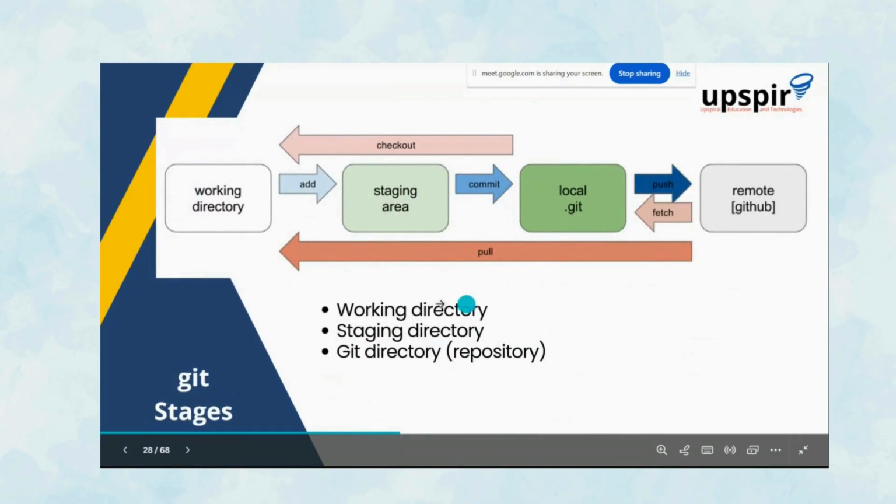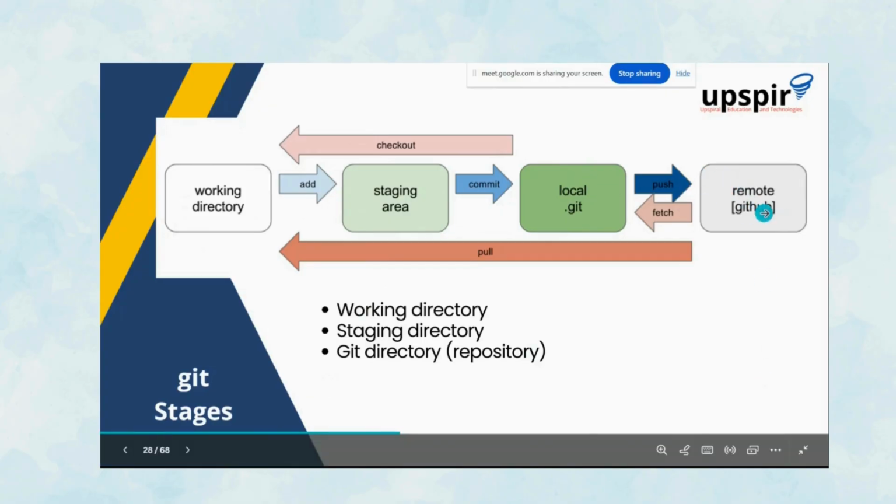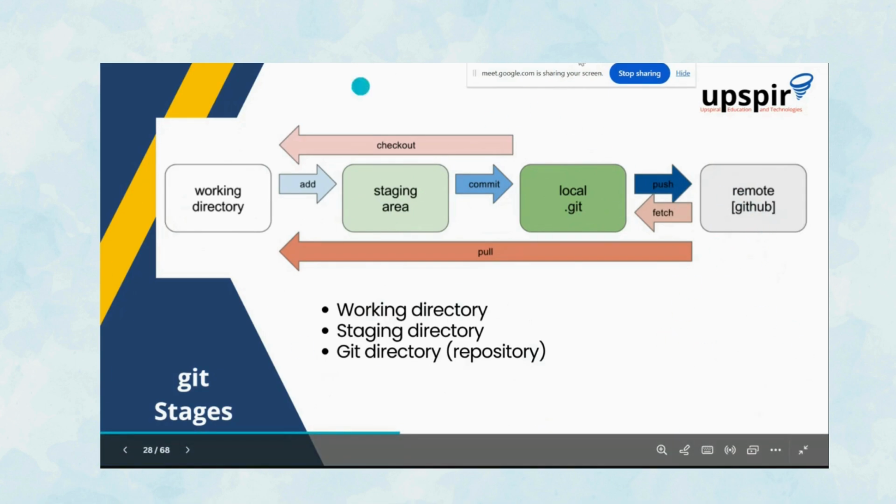Now, this is the concept of Git staging, where we are always in a working directory. We run a command called git add that puts our stuff into the staging area. Then we commit, so the things go into the local .git folder. Now it is tracking it, and then we have to push it to the remote. When you are pushing to the remote, that means here your GitHub or something else.